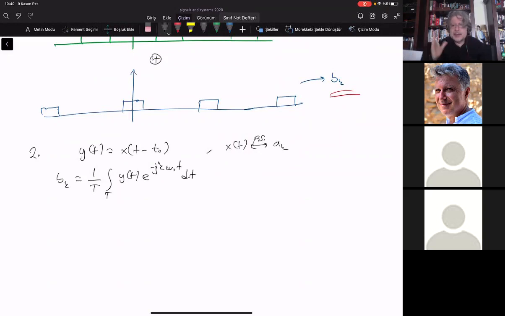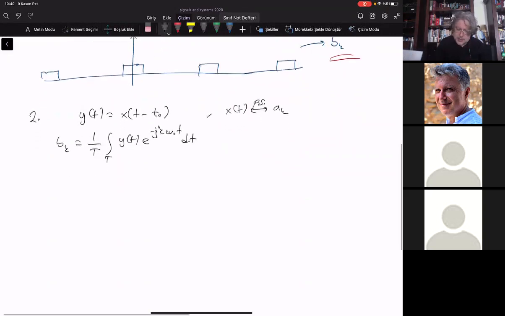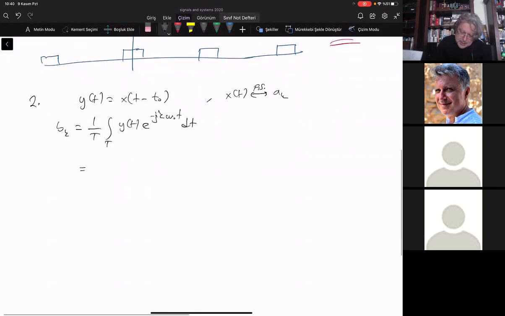This is the formula of Fourier series coefficients, and that is equal to 1 over capital T within the same period, x of t minus t0 e to the minus j k omega 0 t dt.